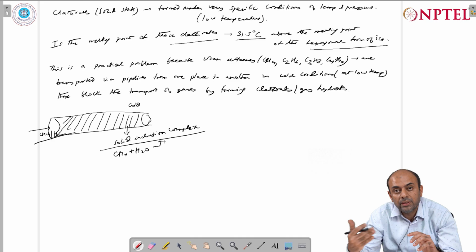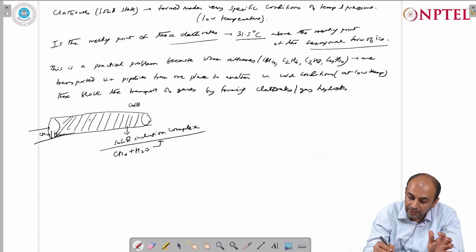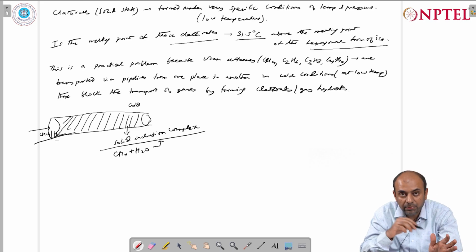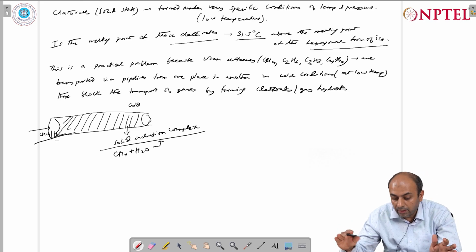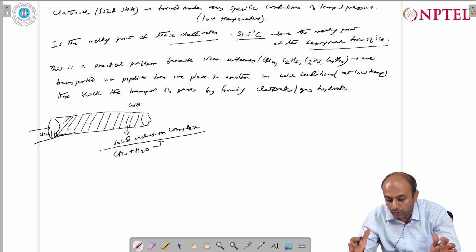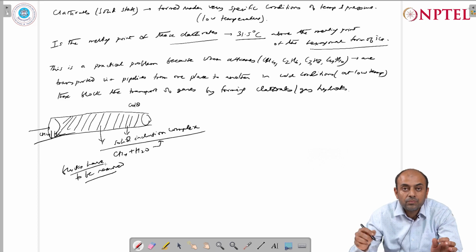That means even when the temperature goes up to 10 degree, 15 degree or 20 degree outside, these blockages, these solid state inclusion compounds which are formed, have completely blocked the passage of methane through these pipelines, because these gases have to be transported from one place to another under the seabed, and that process does not take place. Now once the blockage takes place and gases cannot be transported, then these blocks have to be removed.